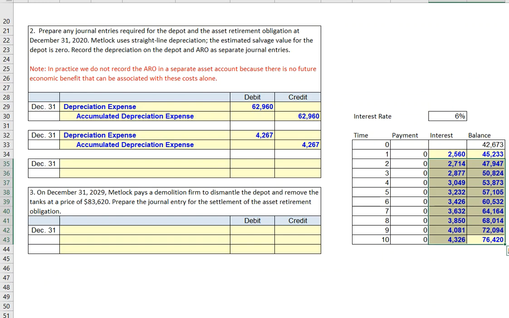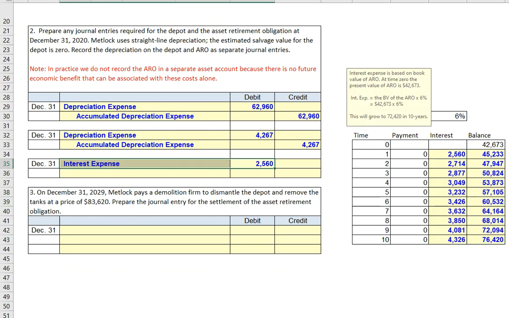We see after 10 years, the future value of that asset retirement obligation will be $76,420, which is what we expect to have to pay to settle that obligation. So our journal entry each year will be to record interest expense and an increase in the asset retirement obligation. Those entries will come directly from our amortization table.